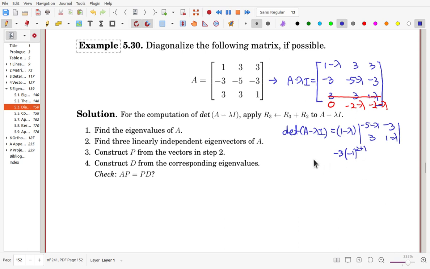Then for minus 3, the submatrix is these two components and these two entries. So here, the determinant of 3, minus 2 minus lambda, minus 2 minus lambda.